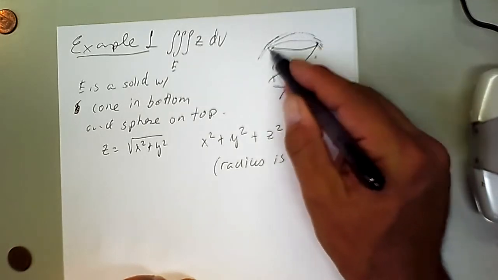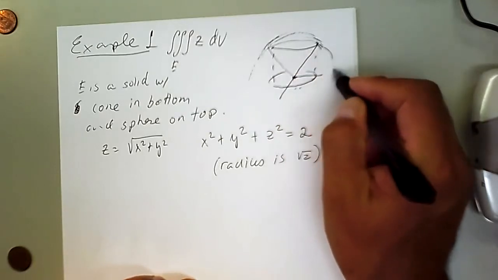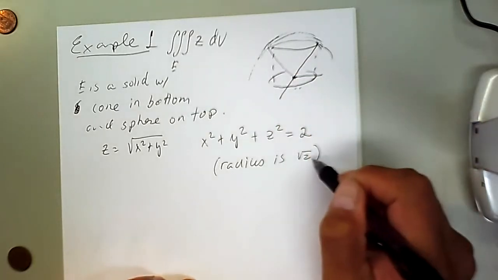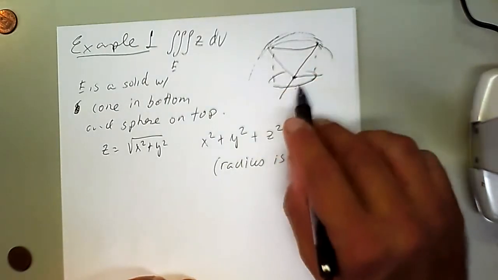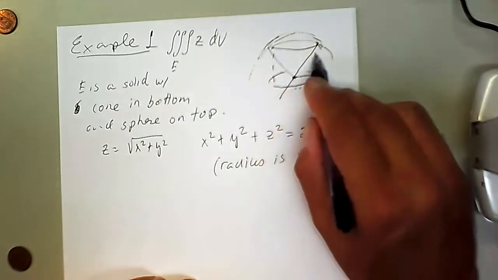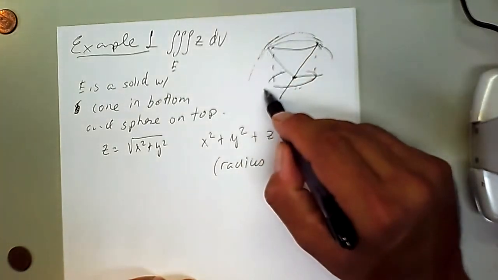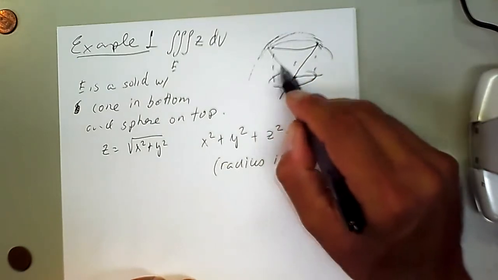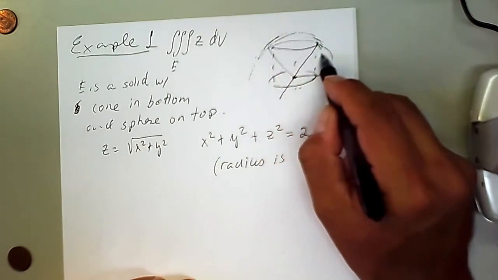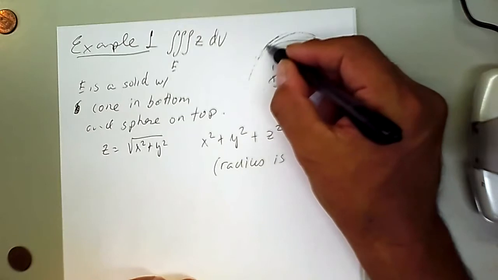However, the sphere, which is out here, will not be a unit sphere. The radius of this sphere will be square root of 2. So it's a bigger sphere. What happens is that when the cone goes through the sphere, it is going to cut in such a way that the radius of the projection of this cone after it is being cut by the sphere will be 1. And so this solid is not flat on top.